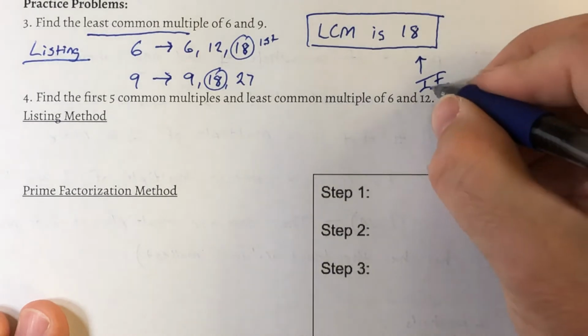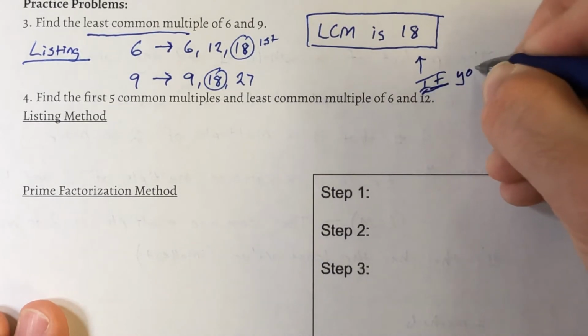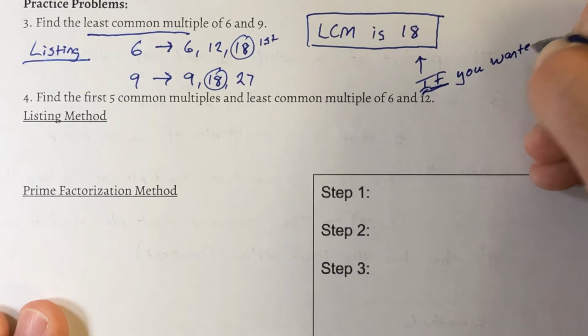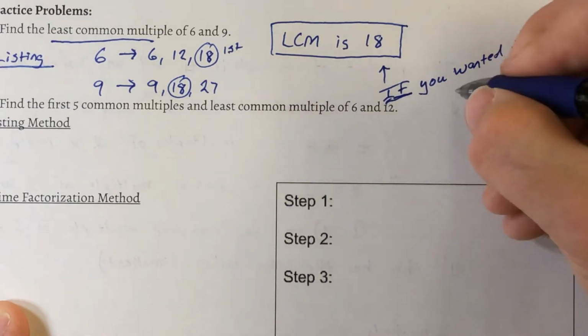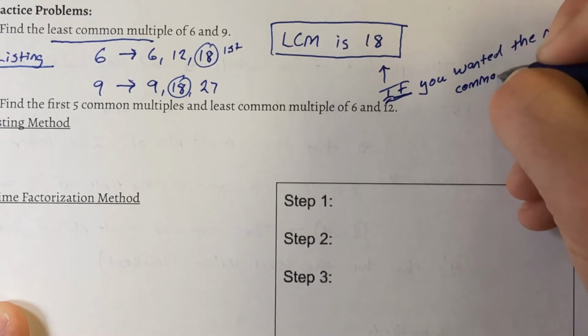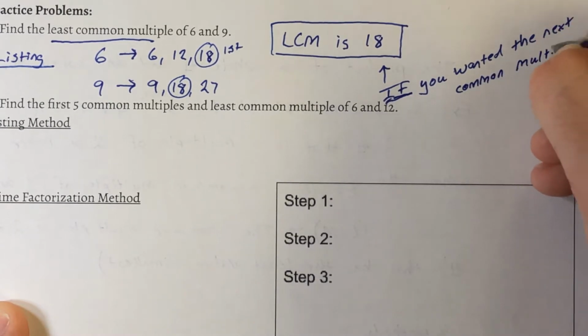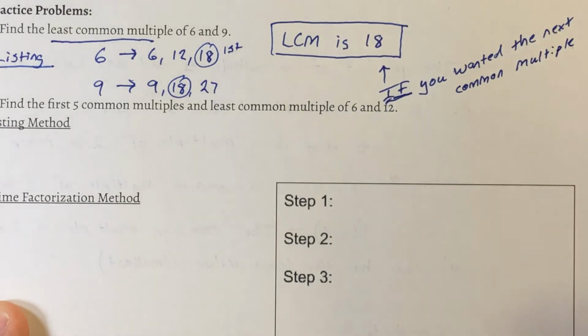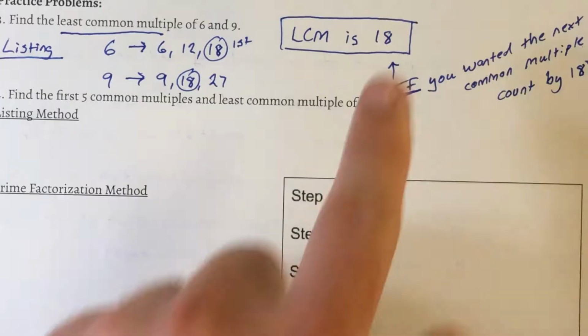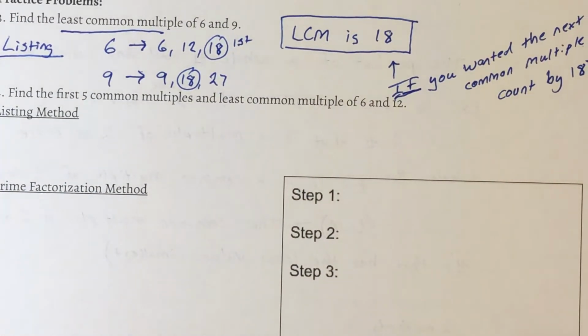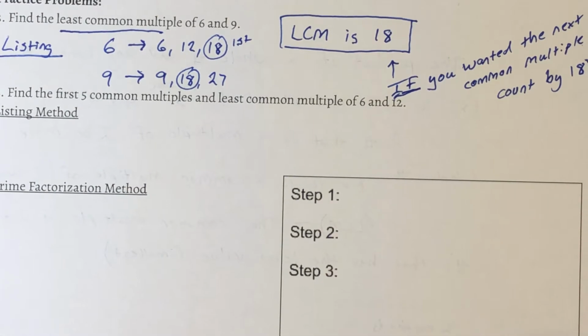If you wanted the next common multiple, you would count by 18s. And that would be it. So I could add 18 and then get 36 for my next one, for example.